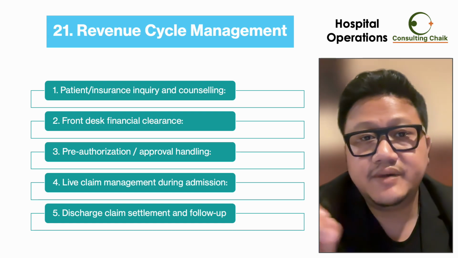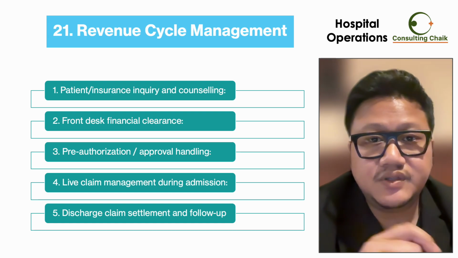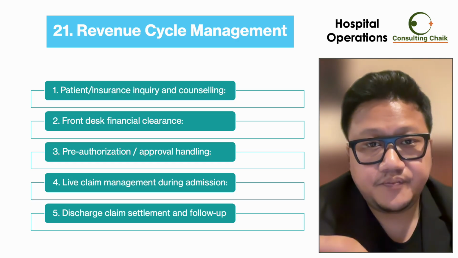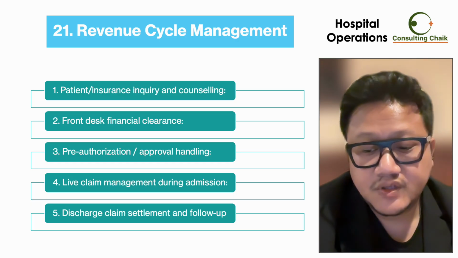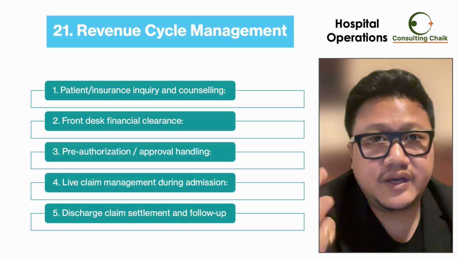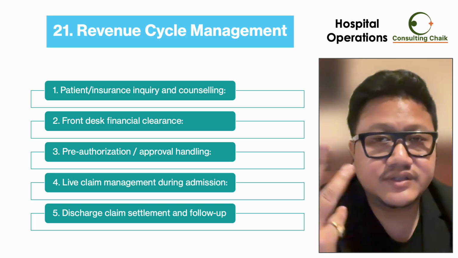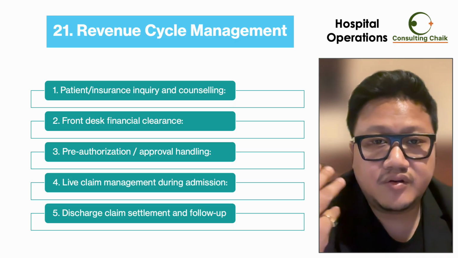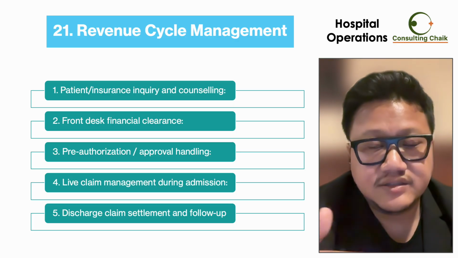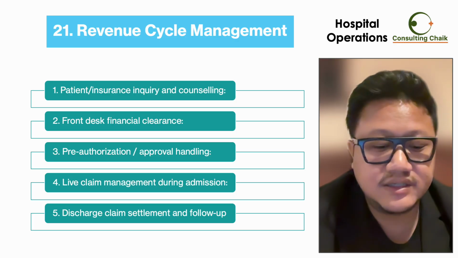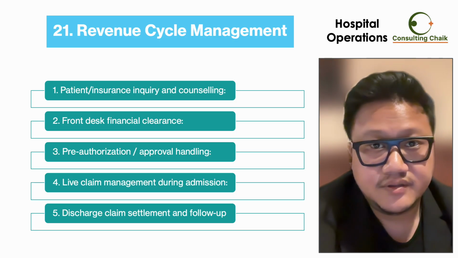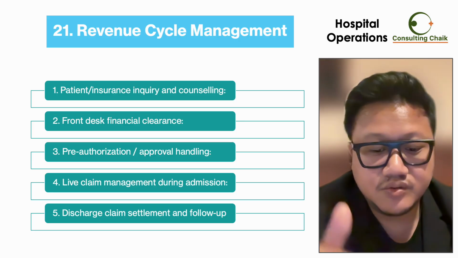About revenue cycle management. This is for the insurance part, insurance TPA. First thing, also for marketing purposes, you should empanel with all insurance companies. The management needs to discuss with the doctors, agree to rates, and sign an MOU with those insurance companies.